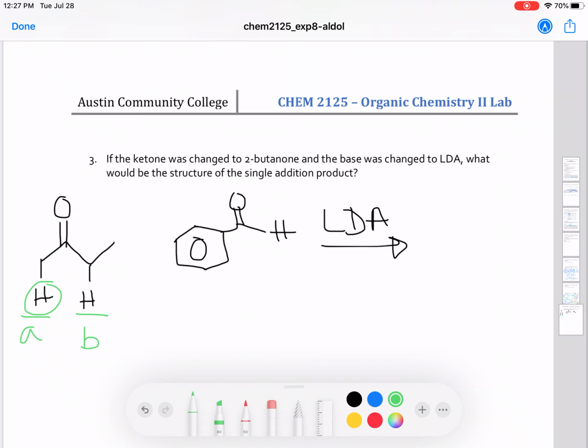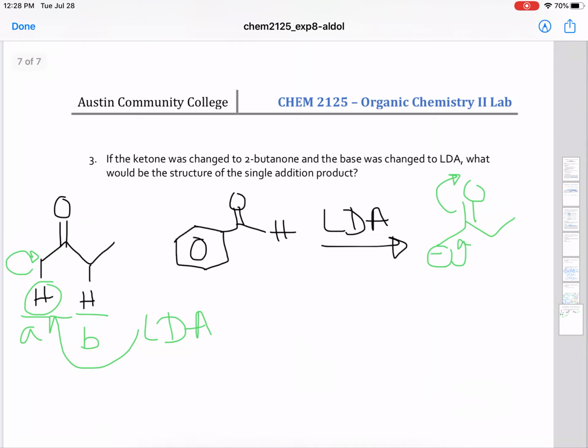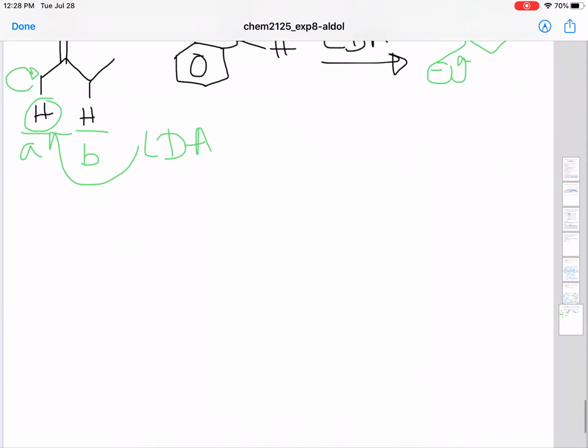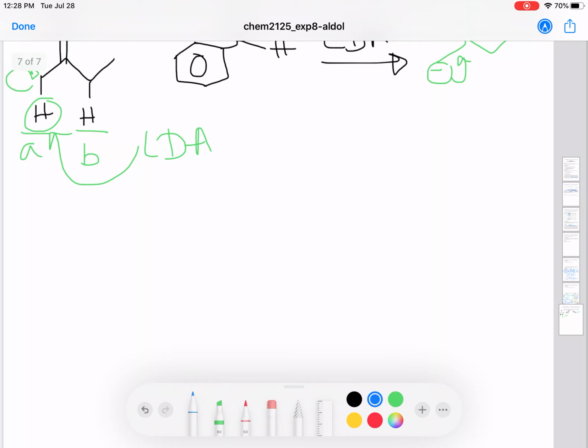Meaning, so you will form, LDA will come and take this hydrogen and then form the enolate there, and it can form the enolate ion, and this is going to then react with your benzaldehyde.